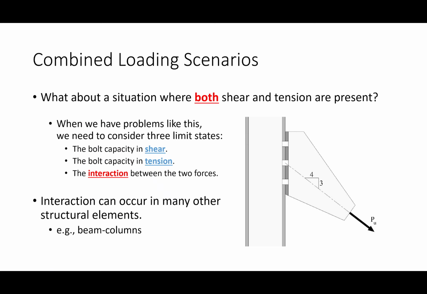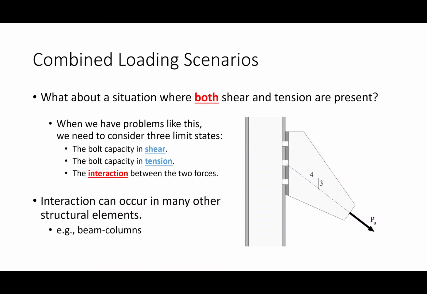What about interaction? A classic example of when bolt groups would experience shear and tension is this. Here I have a column and a bracing style connection, and I'm yanking on that connection like this. Notice I've got this 3-4 slope ratio here, so maybe a little bit of trig going on.